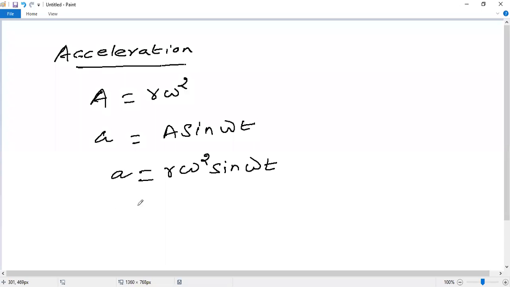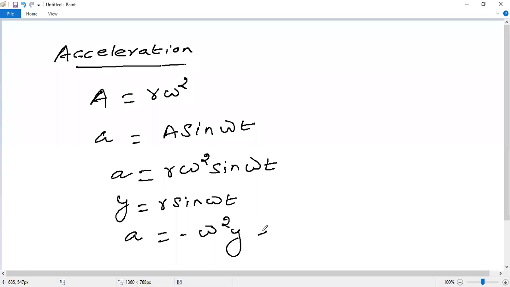And y is equal to r sin omega t. Kindly refer to the previous class notes. Then you will get A is equal to minus omega square into r into y. Okay, so up to that you copy.